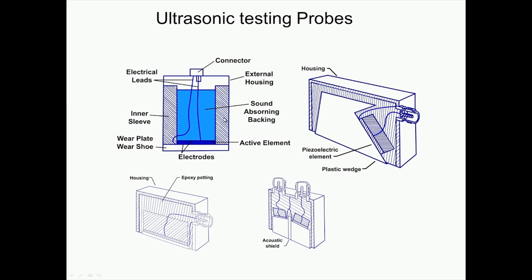This is a small cylindrical casing in which you have all the support and the electrical lead, and this blue area indicates that it has a sound absorbing high damping background, as I mentioned before, and it comes in different kinds of shapes, like you could have this cylindrical shape, or you could have this rectangular shape, and so on.